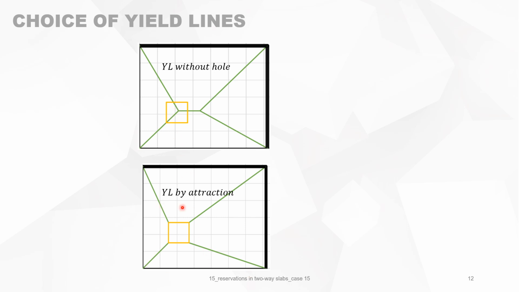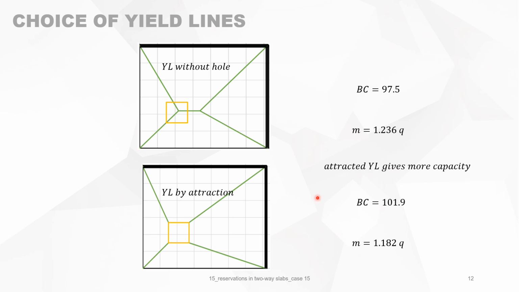So now we have the two cases. When we calculate it, we see that the bearing capacity of this is 97.5%, and the maximum bending moment is 1.236 times the load in ULS. And by attracting yield lines, the bearing capacity is 102%, and this is the maximum bending moment. So what does this mean?